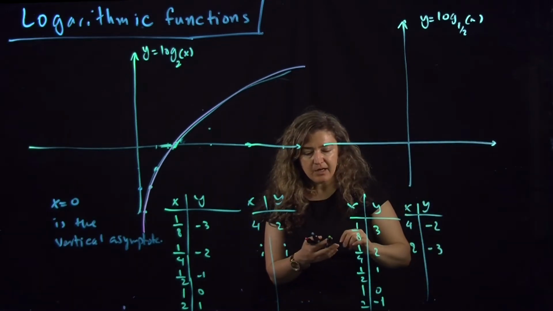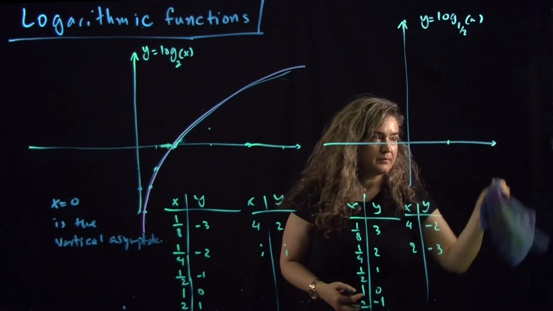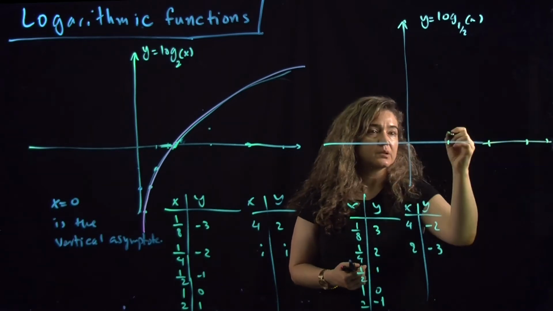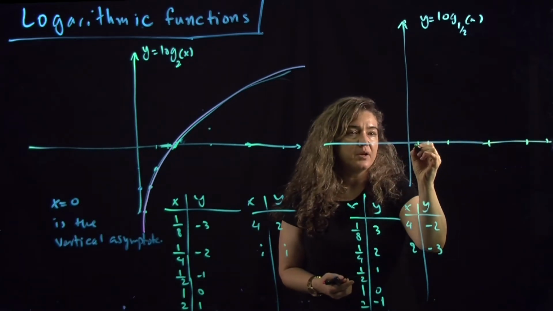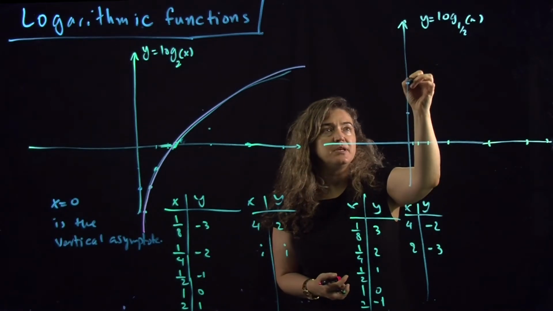Putting the points in here, we start from, if this is 1, one-half, 1/4, 1/8. 1/8 is supposed to be 3.